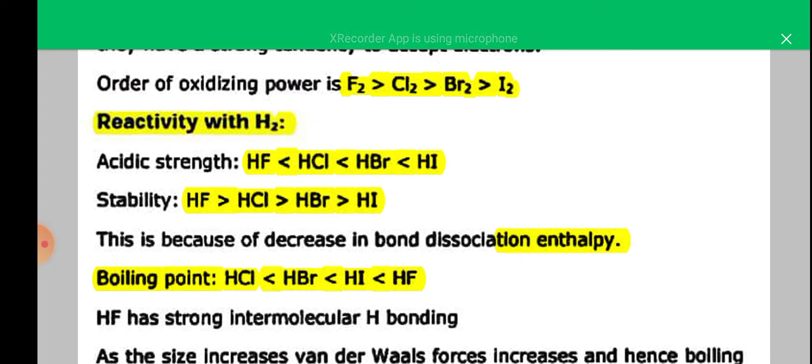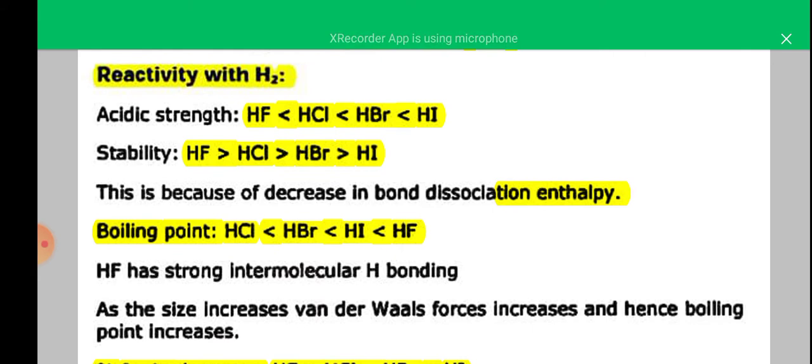Now boiling point of different hydrogen halides, that is HCl is less than HBr less than HI less than HF. And boiling point of HF is the highest. This is because HF can form intermolecular hydrogen bonding. Generally boiling point increases with increasing molecular mass. Molecular mass of HF is least, but molecular mass of HI is highest.